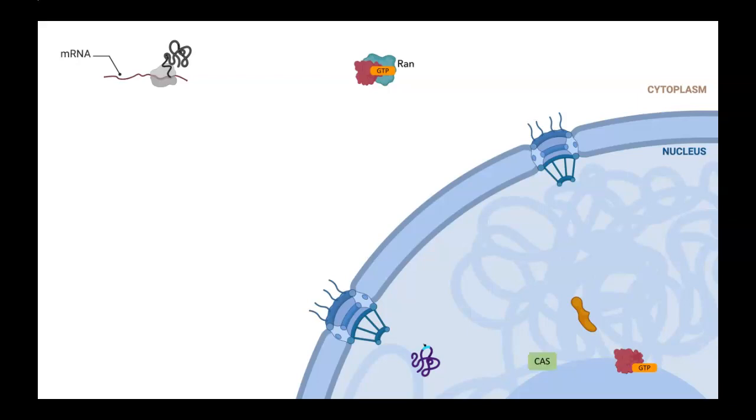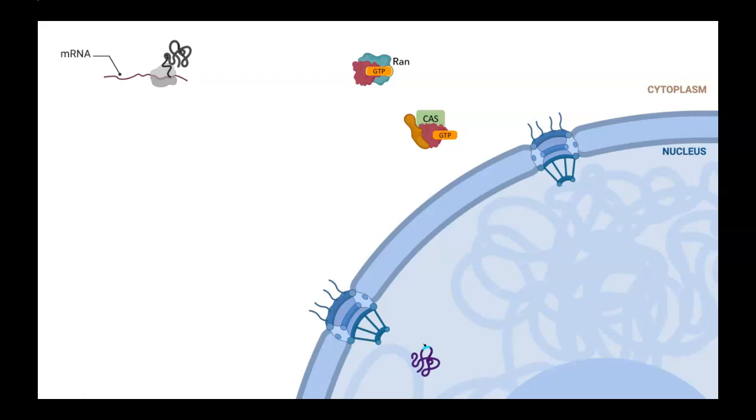It needs to bind what's called an exportin, or an export factor, as well as a GTP molecule. And once these are associated, they now will leave the nucleus and also exit into the cytoplasm. In order for the alpha and the beta subunits to be useful, we need to get them to release from the GTP.